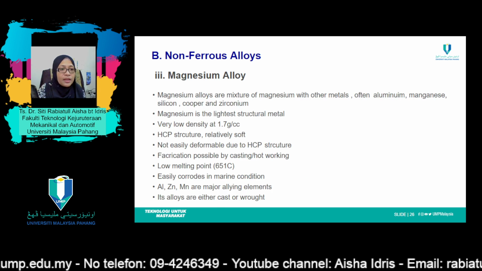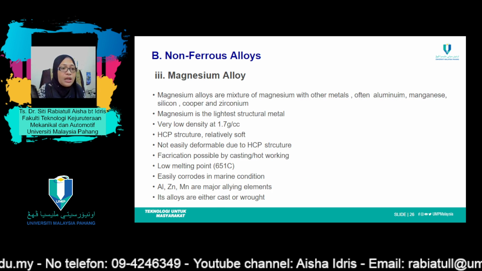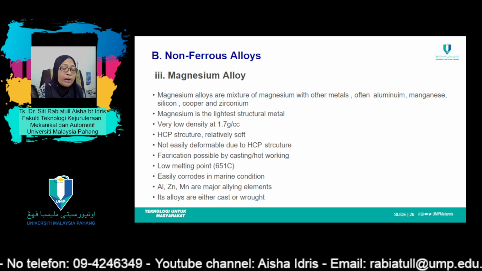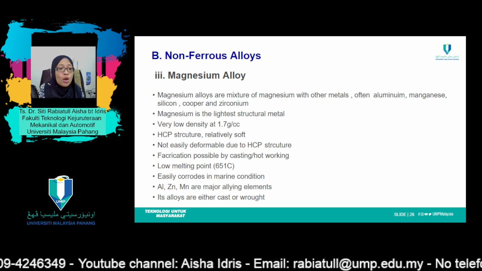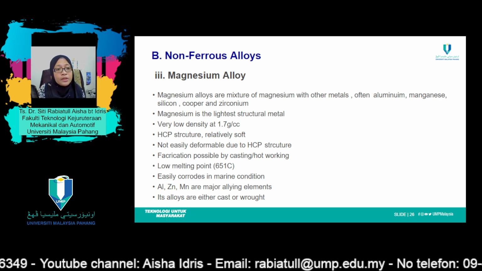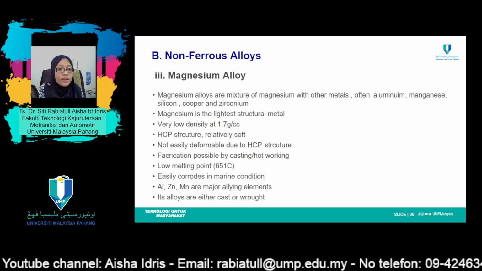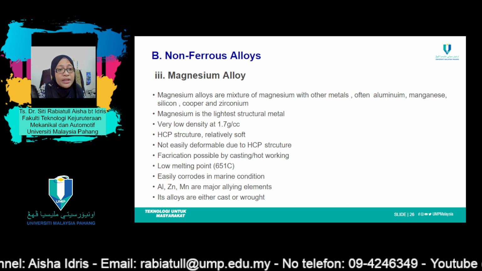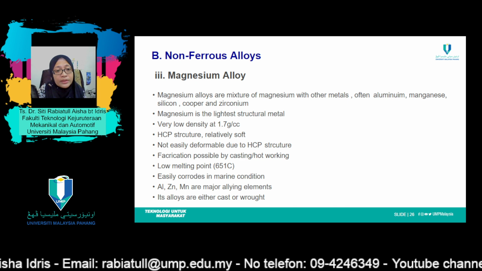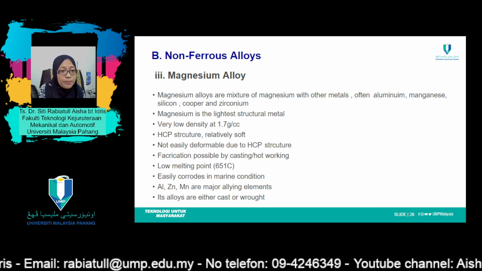Number 3 is the magnesium alloy. Perhaps the most outstanding characteristic of magnesium is its density, which is the lowest of all the structural metals. Therefore, its alloys are used where lightweight is an important consideration, like in aircraft components. Magnesium has HCP crystal structure.